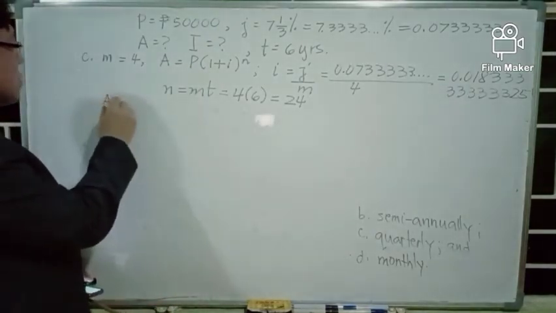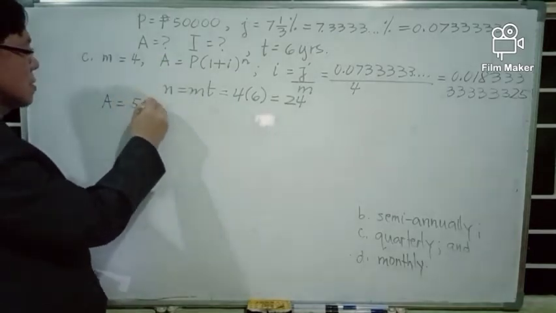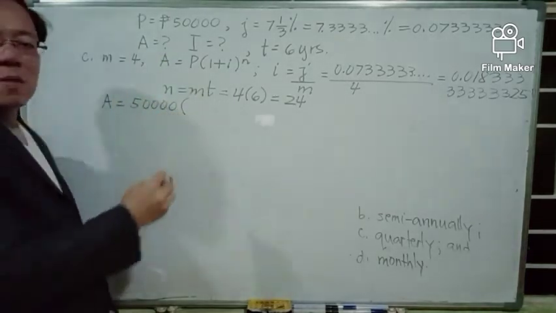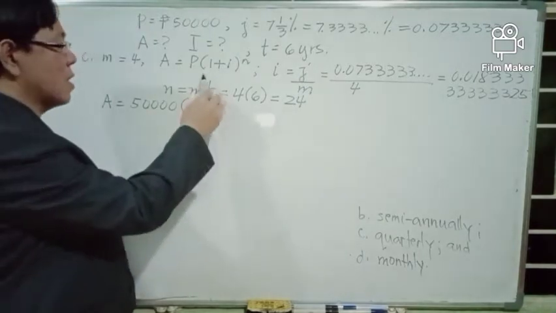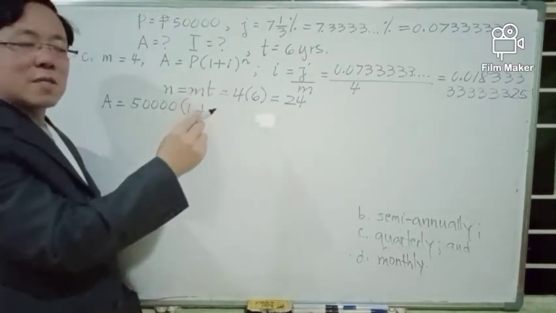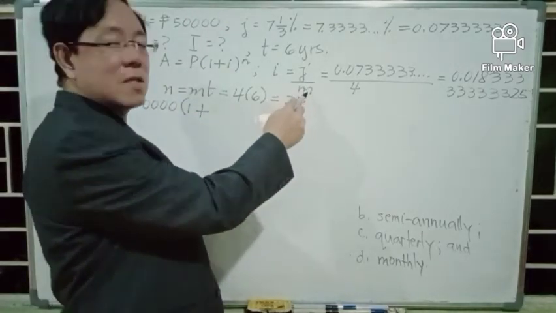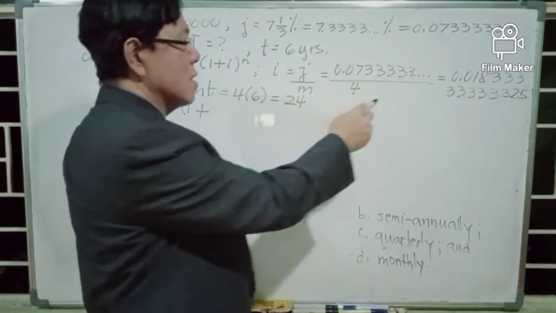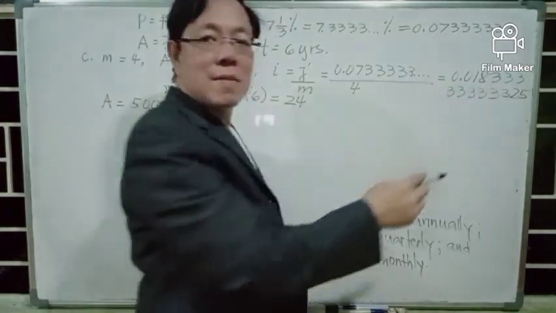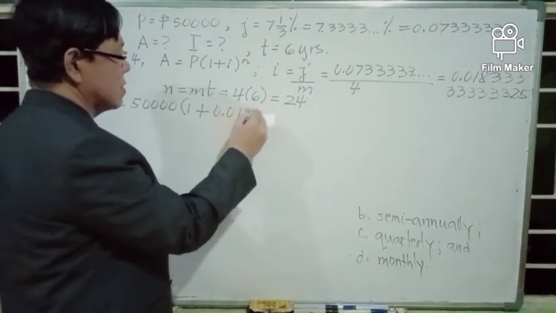A is equal to P, 50,000 pesos, multiplied by quantity 1 plus I, the interest rate per period, if the rate is compounded quarterly, is 0.018.